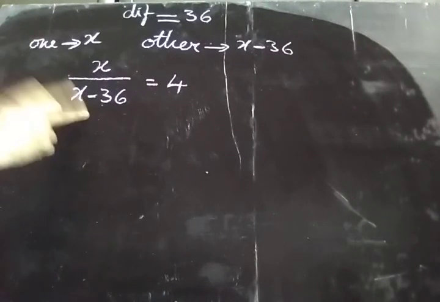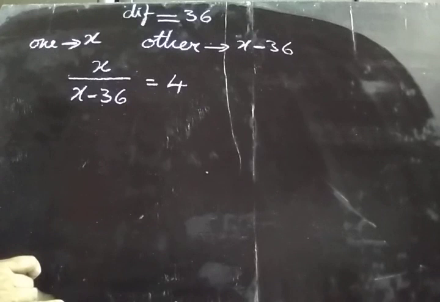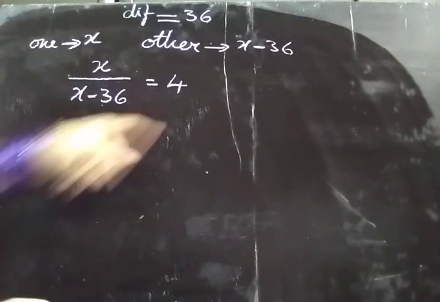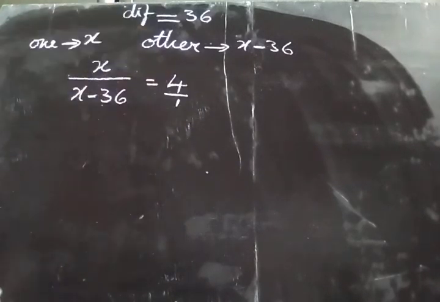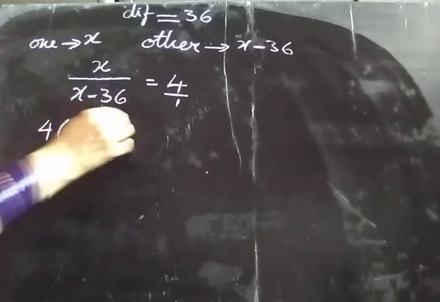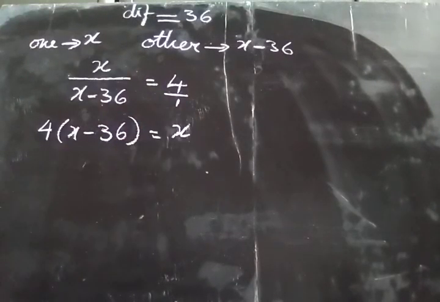Quotient means divide; the result when two numbers are divided is called quotient. So x by x minus 36 is equal to 4. Now 4 you can write as 4 by 1. As usual, cross multiplication: 4 into x minus 36 is equal to 1 into x, x only.